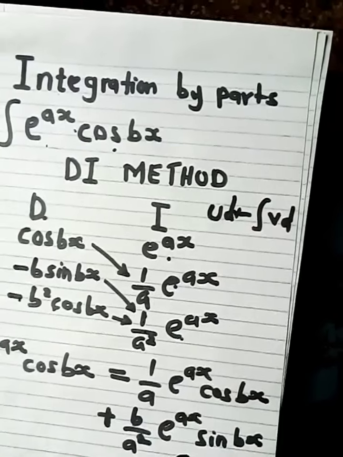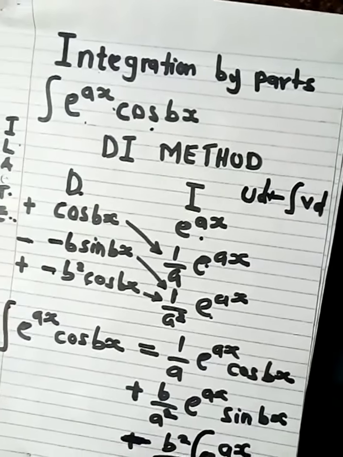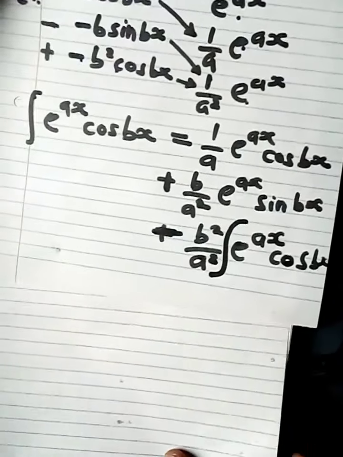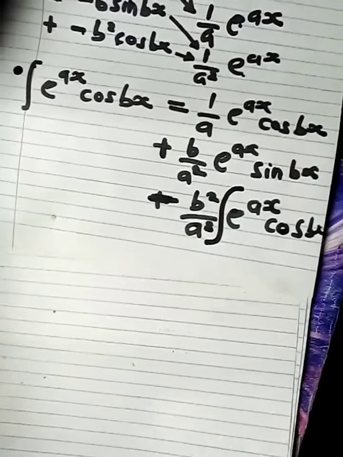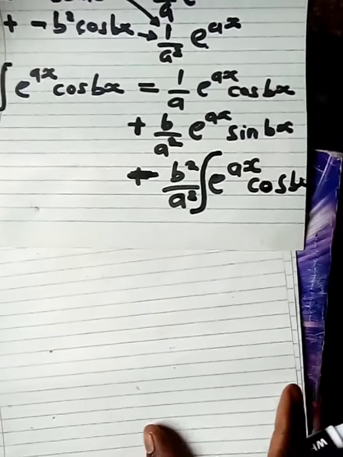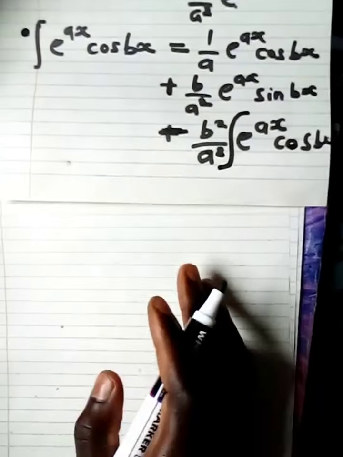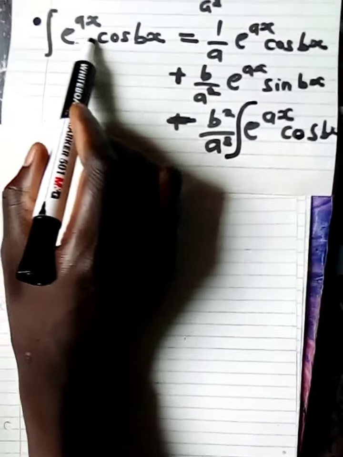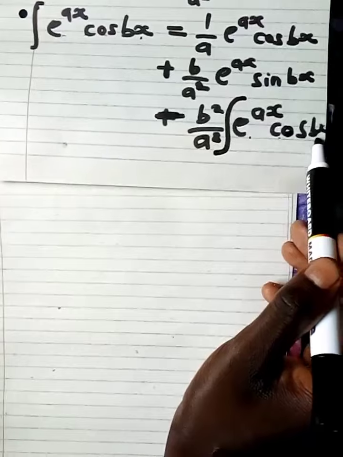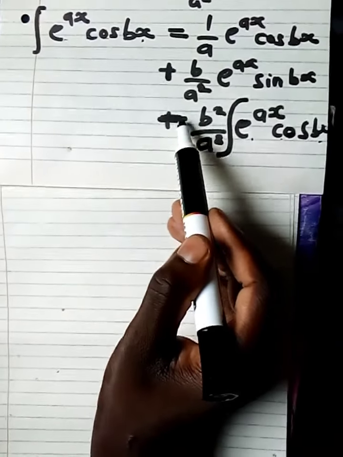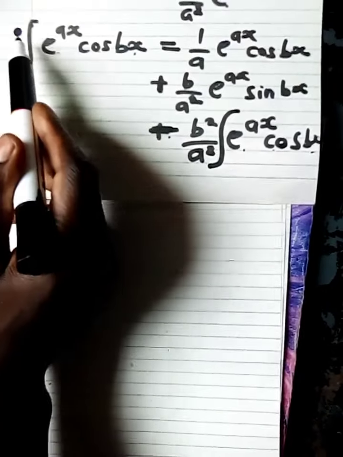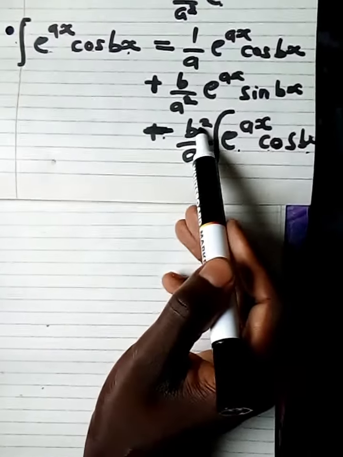So if I have that part, now it means I want to have something different. I want to eliminate some things. So let me collect the ones with the integral. Look at this. I have this part here is exponential ax cos bx. Here I have exponential ax cos bx. When I bring it to this side, this one is negative. When I collect it to the left hand side, it will be plus. But the coefficient here is 1. Here I have b squared over a squared.